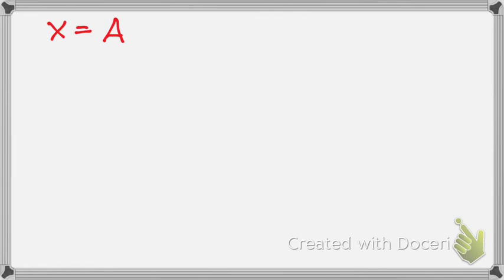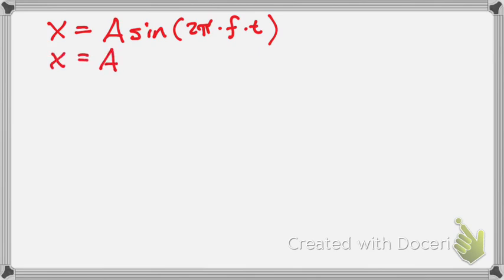Your amplitude times the sine of 2 pi times the frequency of the motion times the time that we're looking at, the amount of time that has elapsed, or your position will be your amplitude times cosine of 2 pi frequency times time.